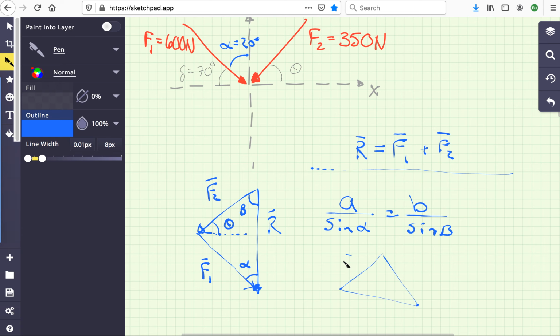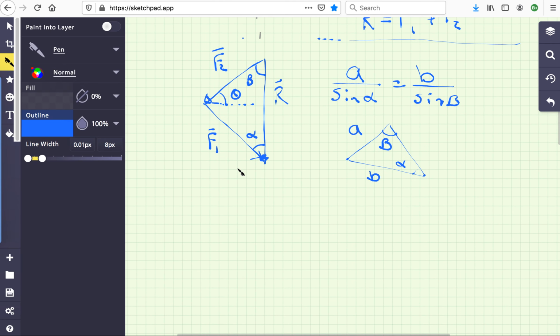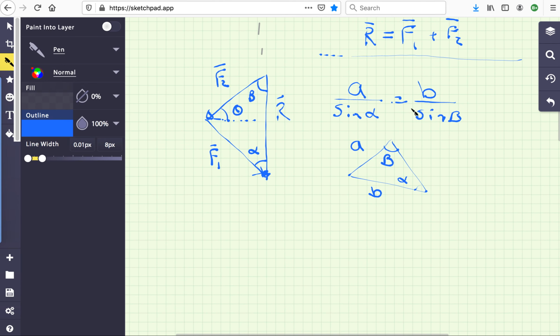So if I have A, this is alpha. If I have B, this here is beta. And you can see some of the relationship between the two. These are vectors, but they also have magnitudes, so we're going to use the magnitudes, since the signs already give the direction.